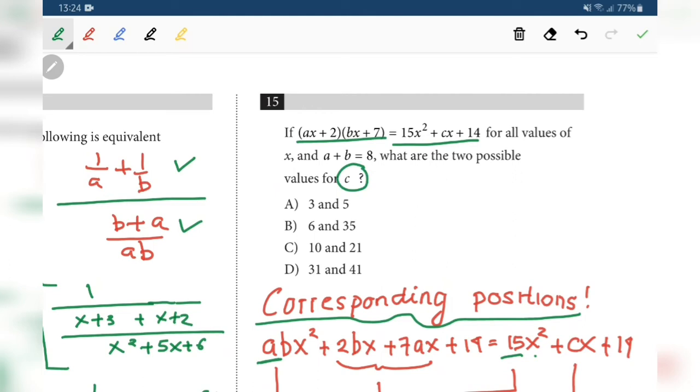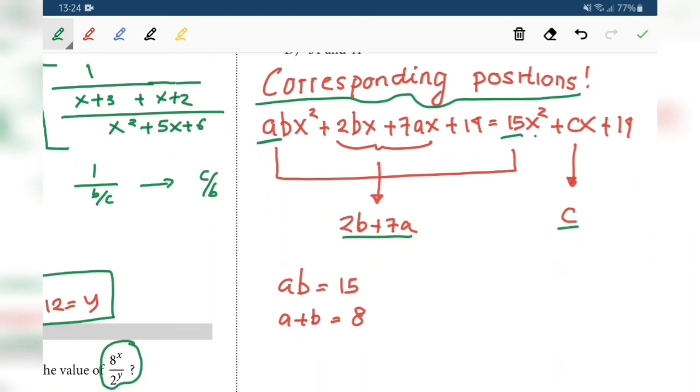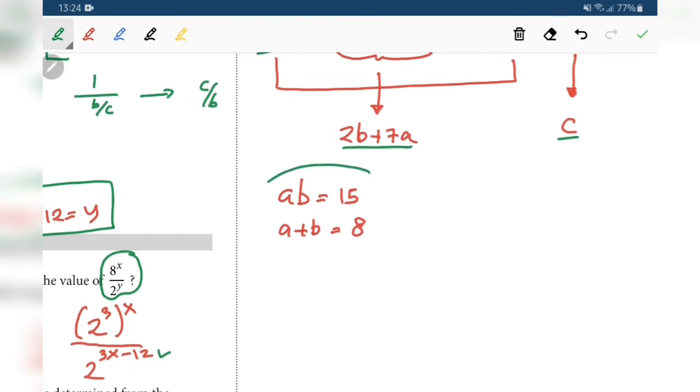I assume you have the questions yourself and you have tried it, so you know what I'm talking about. From here we can assume that AB is positive, because AB is a factor of 15, and we can assume as well that they are integers. The factors of 15 are 1, 15, 3, and 5. Which pair, if we sum, equals 8?